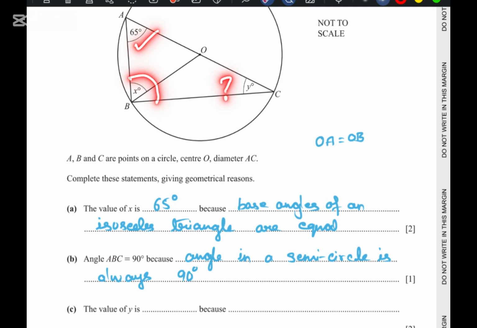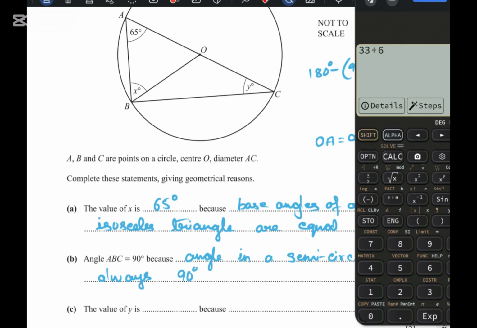So you should use the angle sum property of triangles. Angle y is 180 minus, open the bracket, 90 plus 65. That is 25.